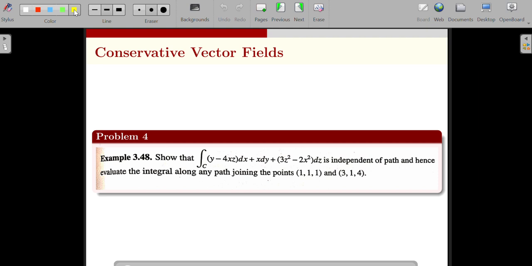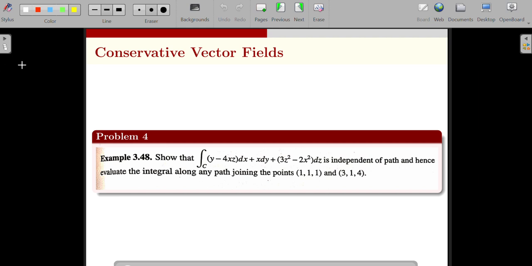So show that line integral over C y minus 4xz dx plus x dy plus 3z square minus 2x square dz is independent of path, and hence evaluate this particular integral along any path joining the points 1, 1, 1 and 3, 1, 4. So again this problem is about conservative vector field, and just the appearance of the problem has changed.